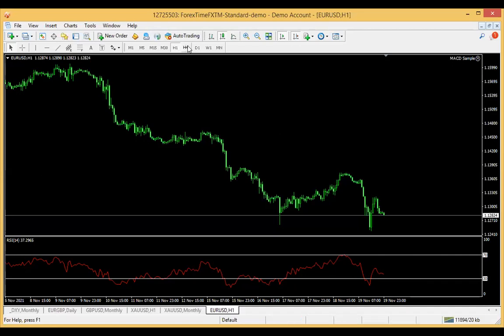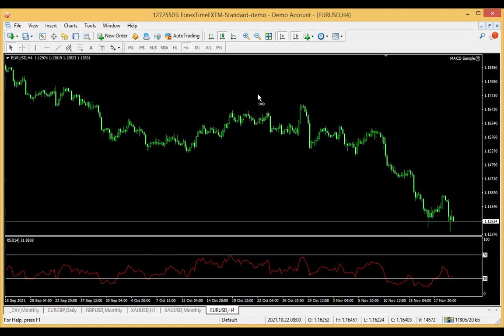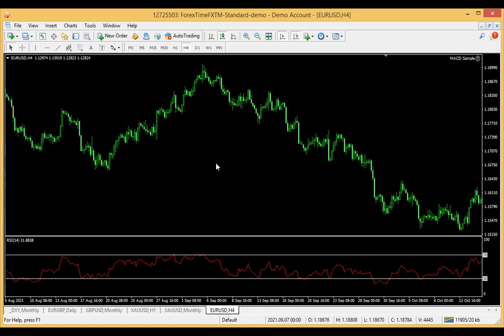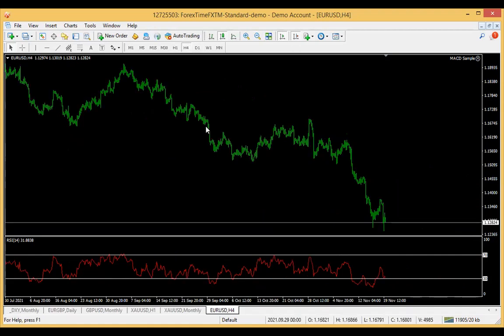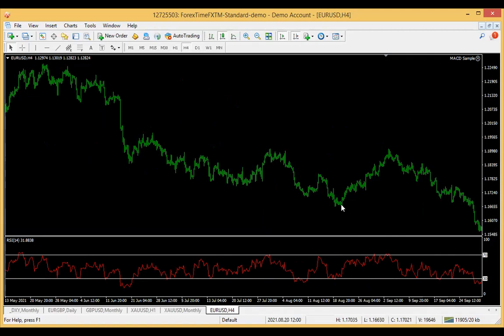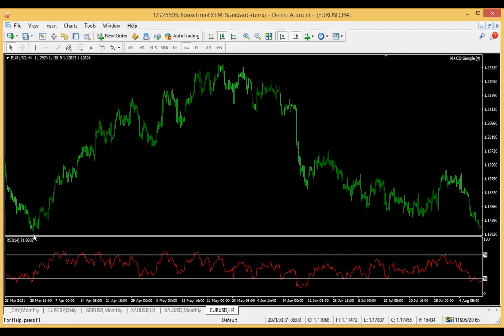I'm going to use a higher time frame so we can give you a clear view of what I meant. If you look at this direction, the market has been rising all this way from this level. Although this is just a retracement, it's another trend of its own. I want to start from where the market's uptrend started, yes, from here. The market has been going up from here.